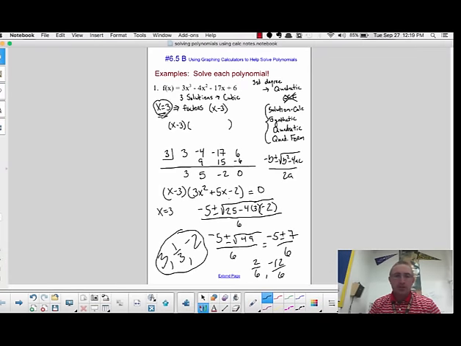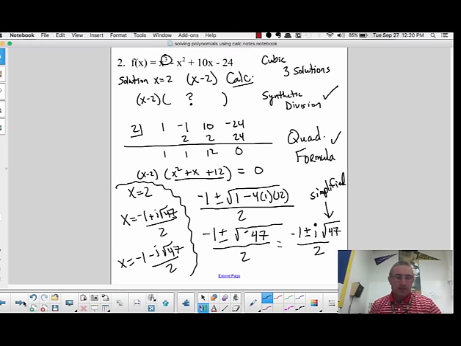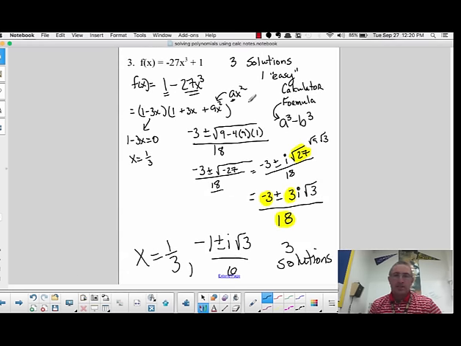And once we get our first solution for a cubic, we can use synthetic division to break that into a linear term and a quadratic. And then we can use the quadratic formula, okay, to get the other 2 answers. Otherwise, be careful because you might have to use a formula to factor.